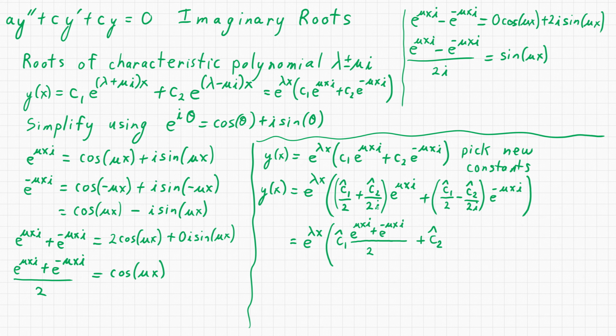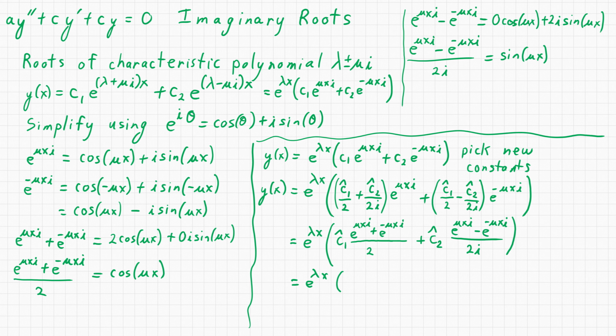So here I have a c2 hat over 2i times e to the mu xi. So I have e to the mu xi, and it's over 2i. But over here I have a minus c2 hat over 2i times e to the negative mu xi. So that's the minus e to the negative mu xi over 2i. But that ends up simplifying to e to the lambda x. e to the mu xi plus e to the negative mu xi over 2 is actually cosine of mu x.